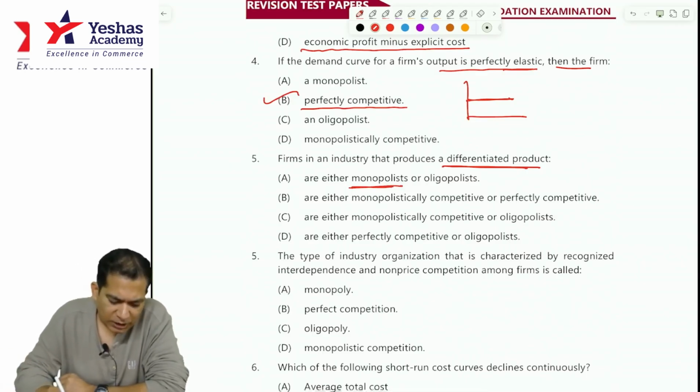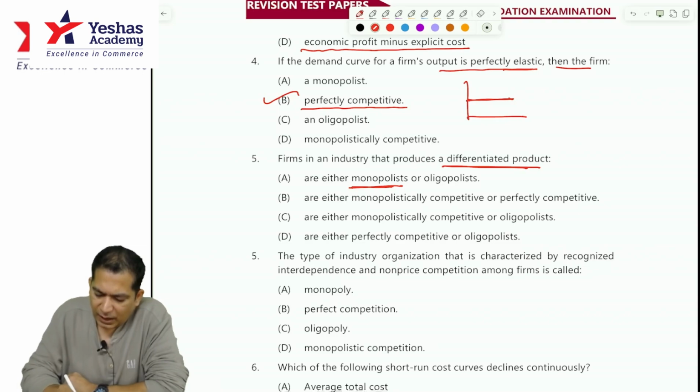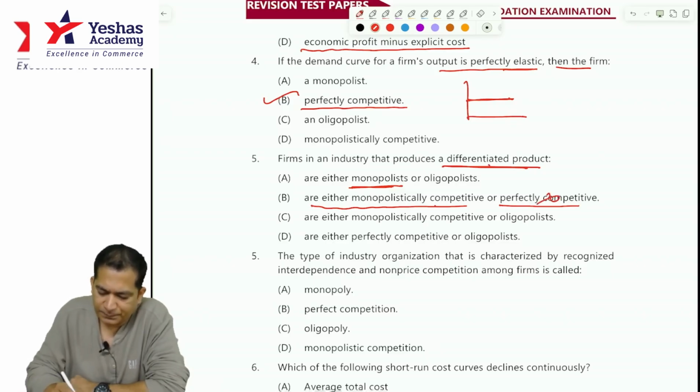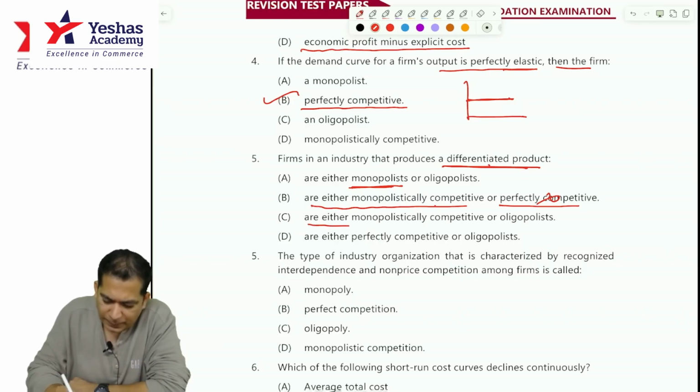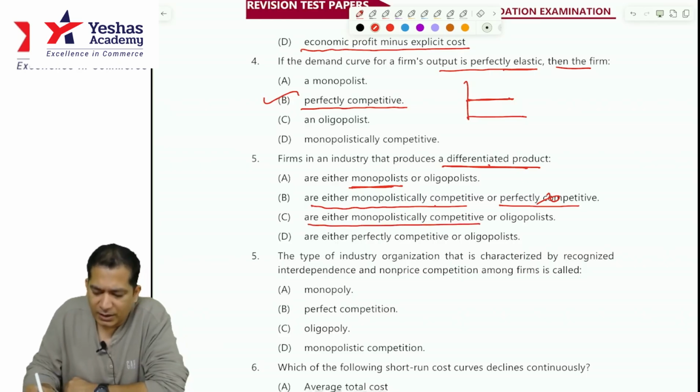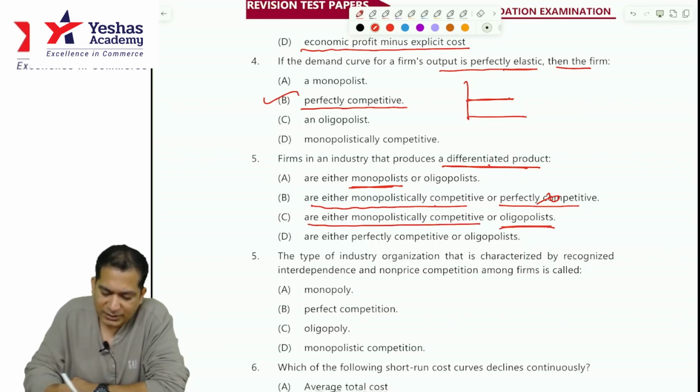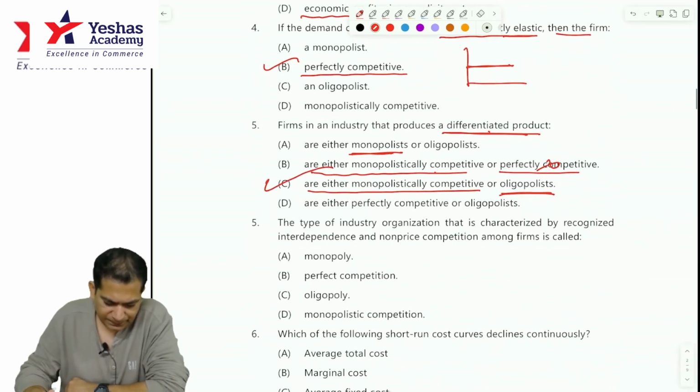Monopolist means you're talking about monopoly. Either monopolistically competitive or perfectly competitive. Now, differentiated products are found in monopolistically competitive but not perfectly competitive; homogeneous products are found there. Either monopolistically competitive or oligopolistic market. Yes, the answer will be option C.